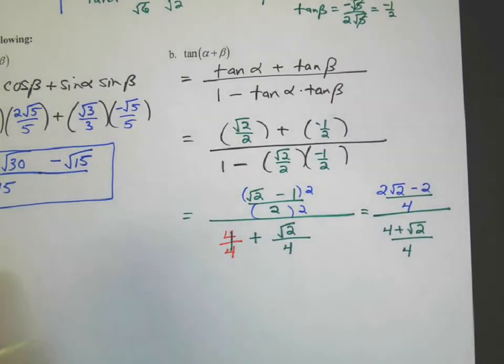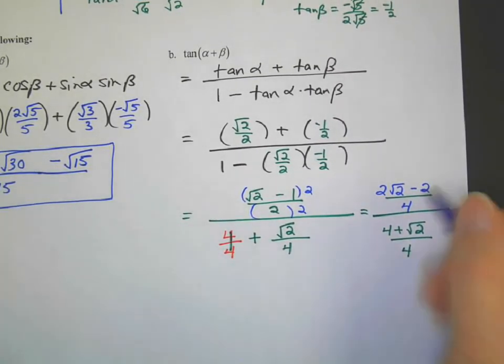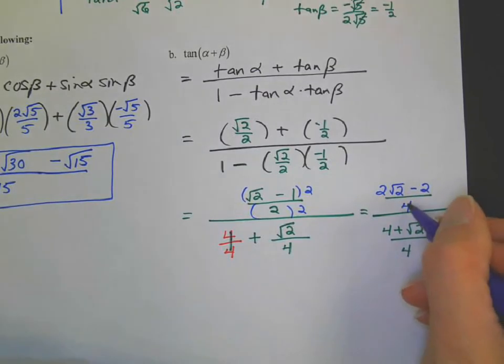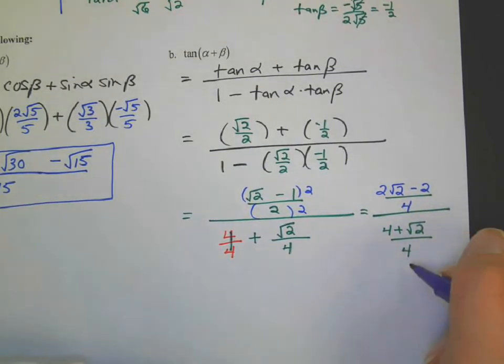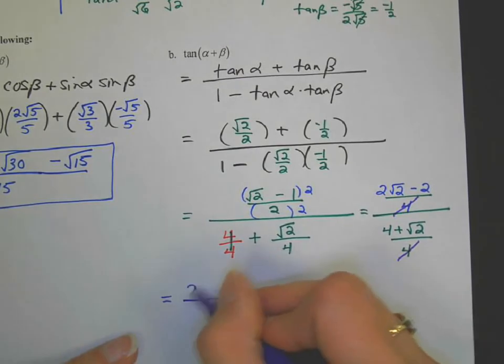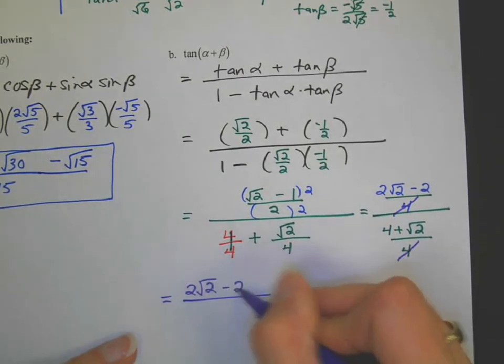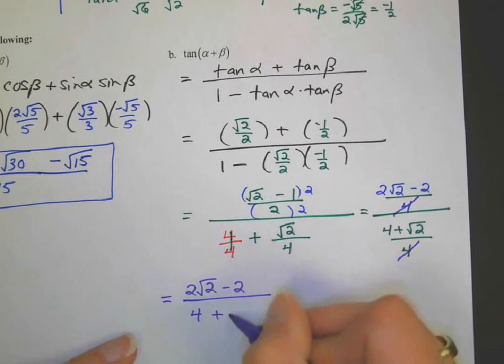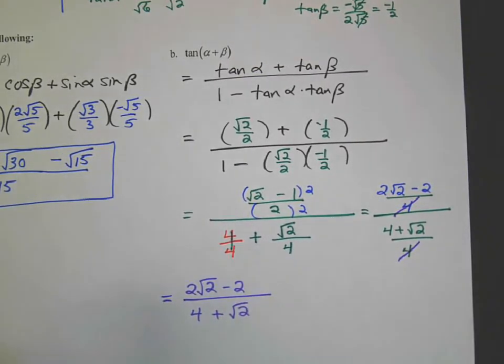Now why am I doing such things? If there is a denominator of 4 on top and a denominator of 4 down there, is it legal to cancel a denominator with a denominator? Yes. And so my problem just got a lot smaller. 2 radical 2 minus 2 over 4 plus radical 2.